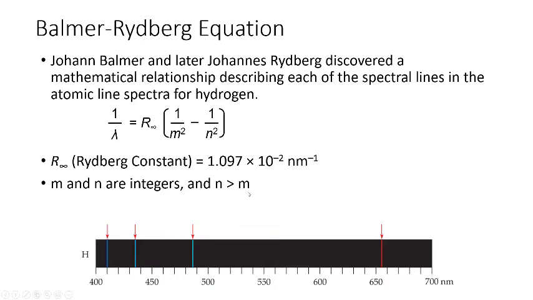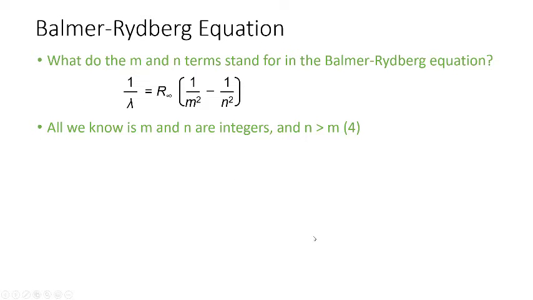So they came up with this relationship: 1 over lambda, where lambda again is our wavelength, is equal to the Rydberg constant times 1 over m squared minus 1 over n squared, where m and n are both integers, and n has to be larger than m. Later on we'll get to the reasoning of what m and n actually are. But they came up with this really powerful relationship that was able to model each of these different transitions.